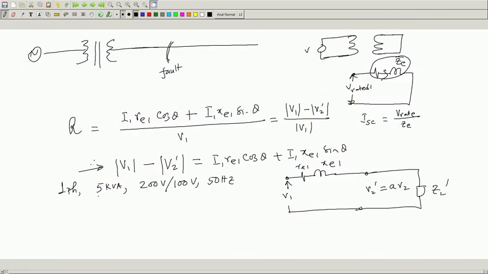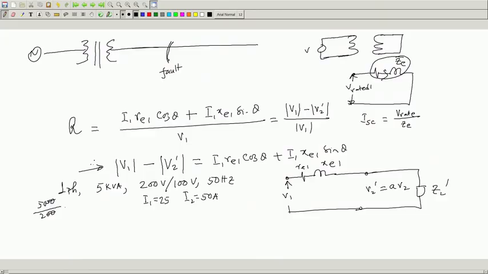If it is 5 kVA, its rated current of this side, I1, will be how much? It will be 5000 VA divided by 200, is it not. So, 25 ampere is the rated current, and the LV side rated current will be I2 equal to 50 ampere.